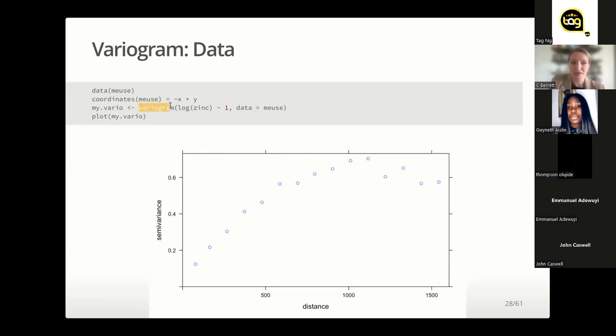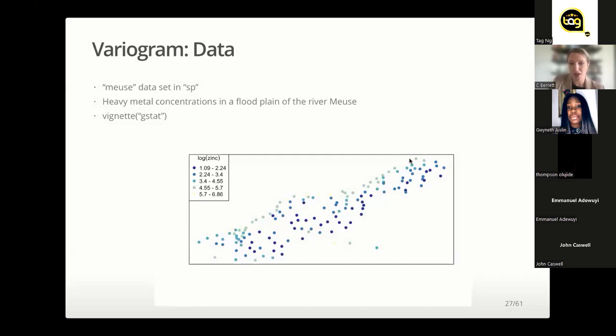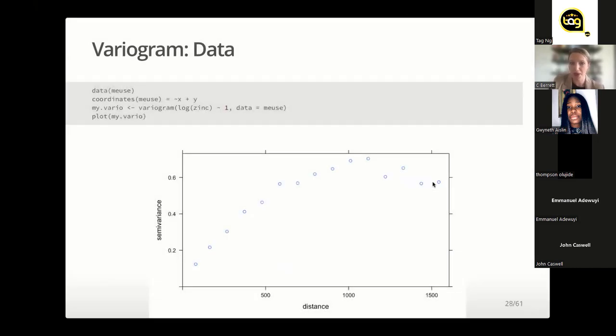Then we'll use the gstat package to compute the variogram for log zinc. So that's our y. And then tilde 1. So 1 is our mu. We're fitting a constant mean across all those locations. So all the locations that we plotted here, we're going to fit a constant mean, and then the rest of the difference we'll make up for with spatial dependence.